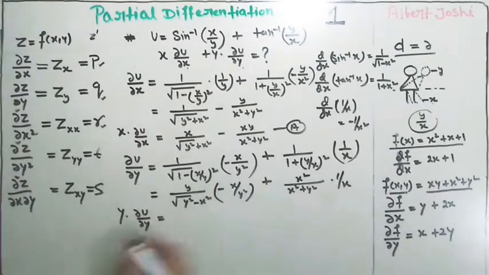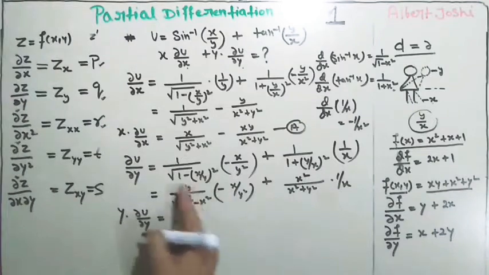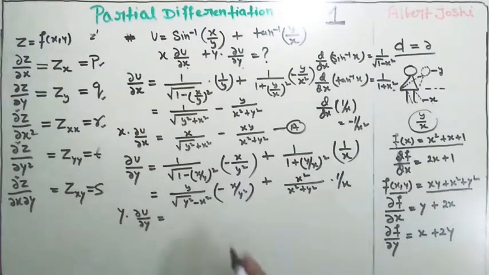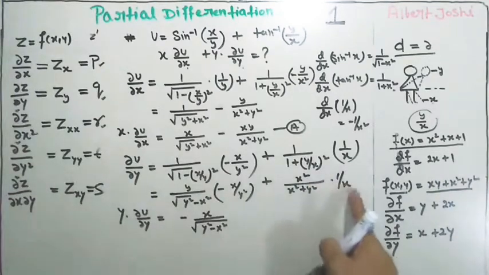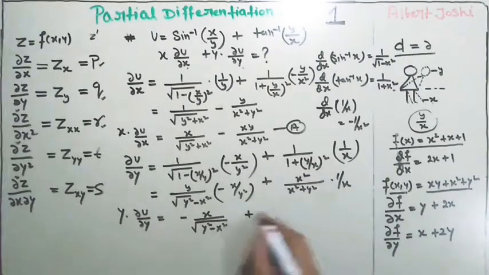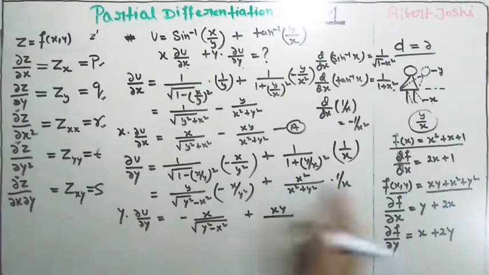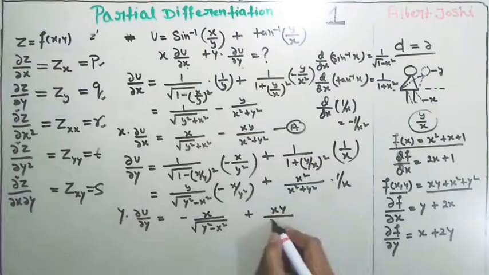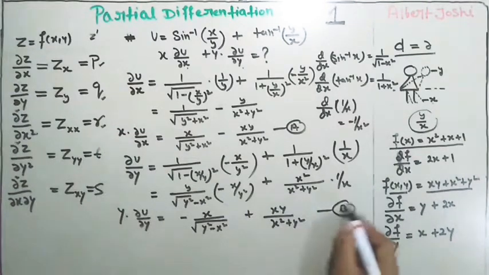Y square, both cancel, because you multiply by this, y into y is y square. You will get minus x upon square root y square minus x square. Then you will multiply by y, x and x cancel, then you will get plus xy, x cancel, multiplied by y, then you got this one, x square plus y square. Now this is equation number B.